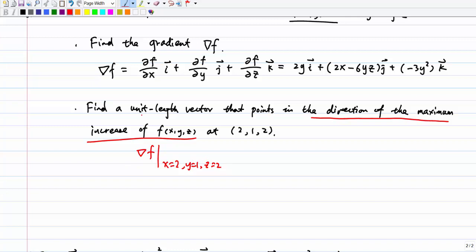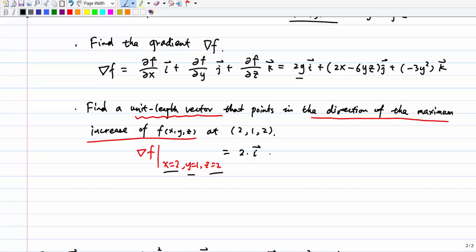But here we also have to find the unit length vector. So once we figure out the gradient, we just find the unit vector associated with it. We already figured out the gradient right over here. We just have to replace all the numbers there. So 2 times y, where y is 1, gives 2i.